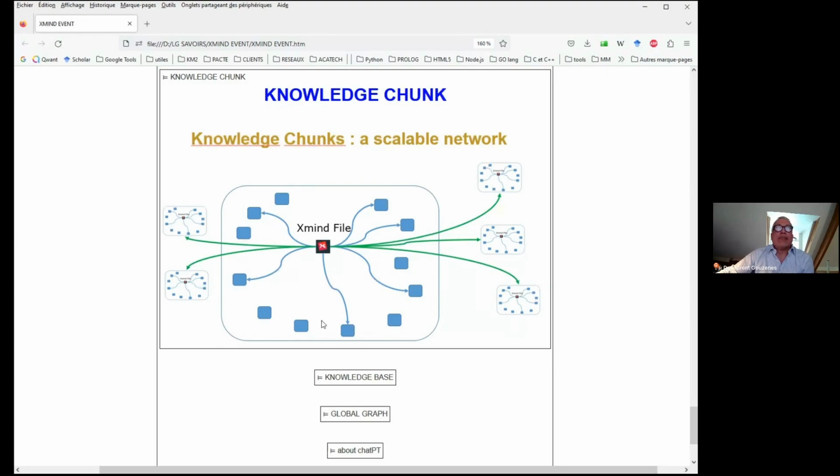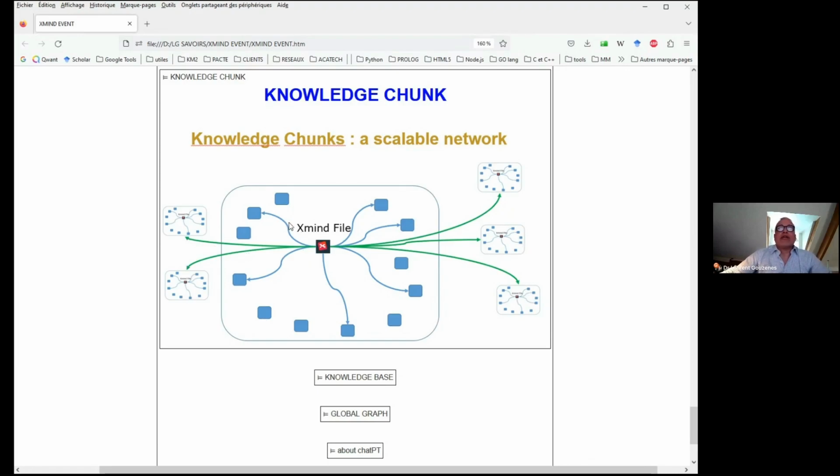this part of knowledge. This can be about anything. For example, I will show you the file for today's show. This is a chunk of knowledge, and this chunk is also related to other chunks. For example, you can think about politics in France, and relate it to politics in the US, politics in Germany, economics, China, and whatever.